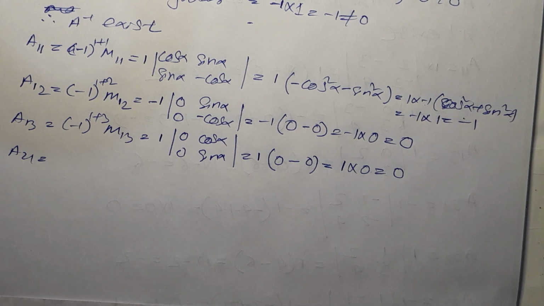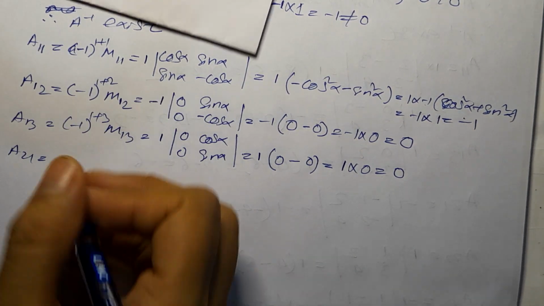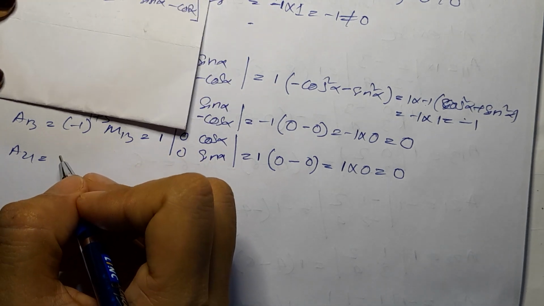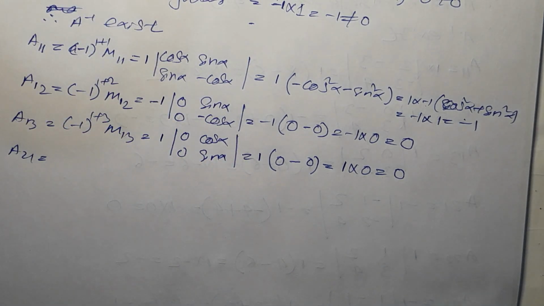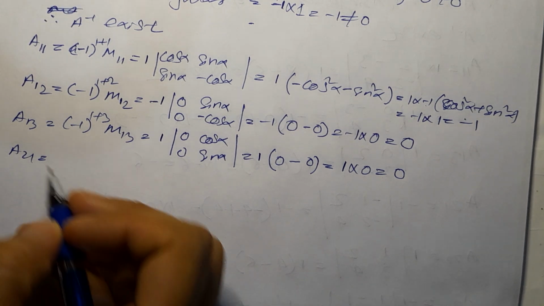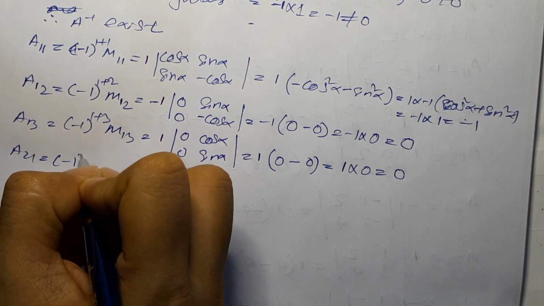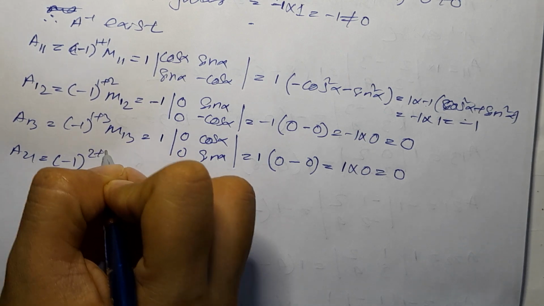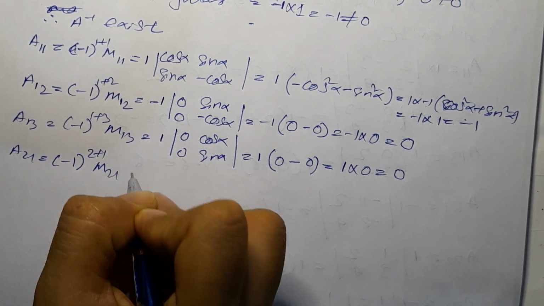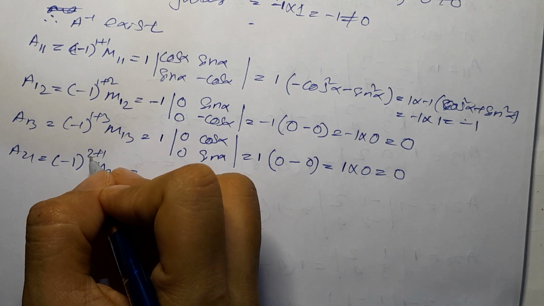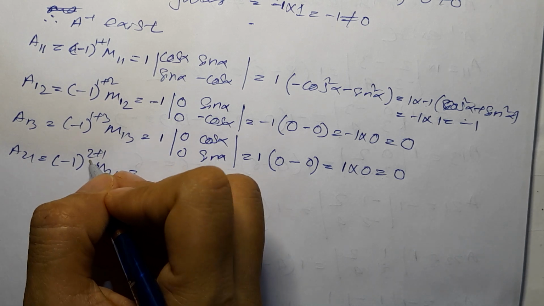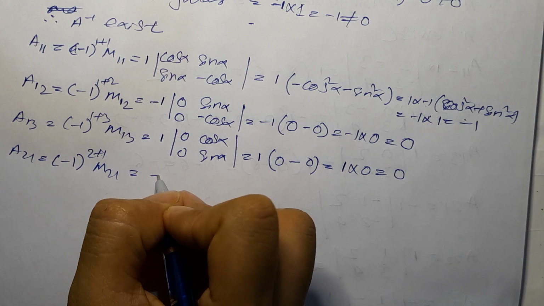So minus 1 power 2 plus 1 M21; 2 plus 1 is 3, which is odd, so it will give minus 1.